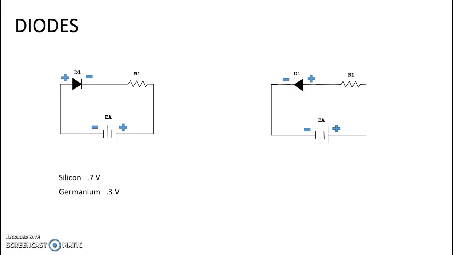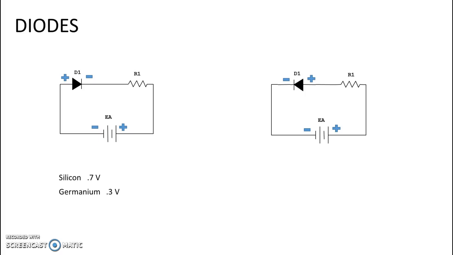So the negative of the power supply is going to the positive of the diode, and the negative of the diode is connected to the positive of the power supply. That is a reverse bias diode. So the circuit on the left is a reverse bias diode, and the circuit on the right is a forward bias diode.